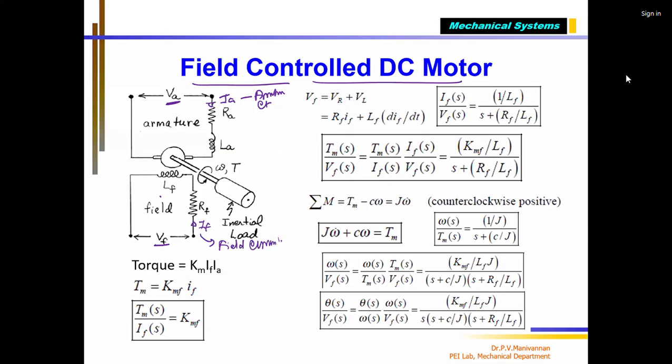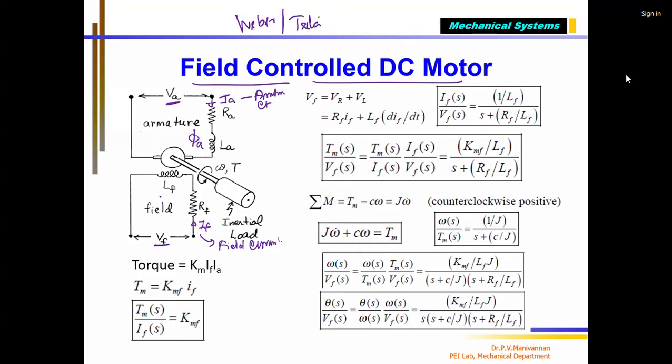Okay. So now, because there are two currents, two magnetic fields are created. One is called the field magnet, with field strength phi F. Generally, we use Weber or Tesla as the unit for magnetic field strength.